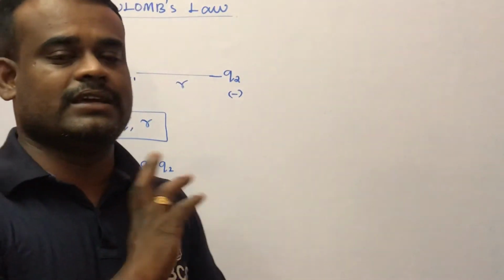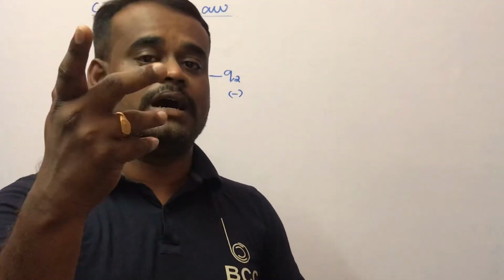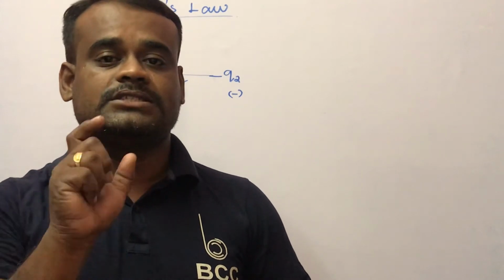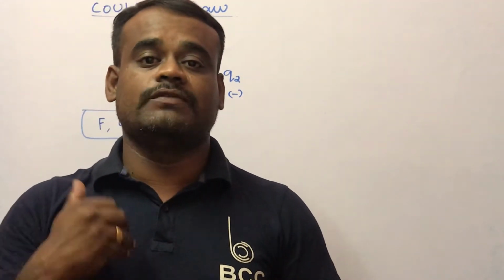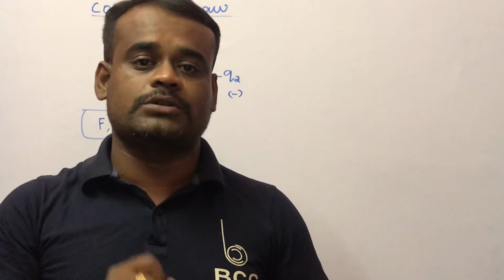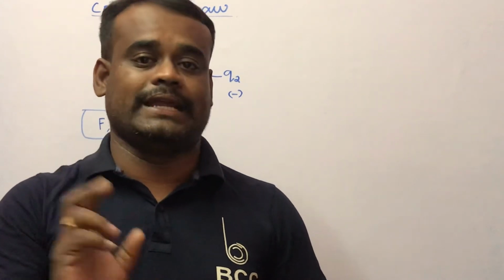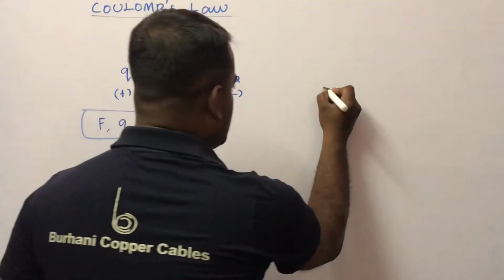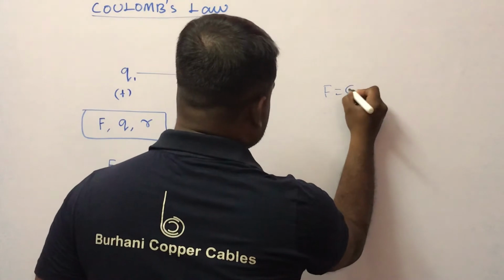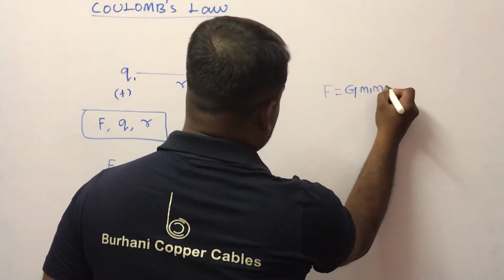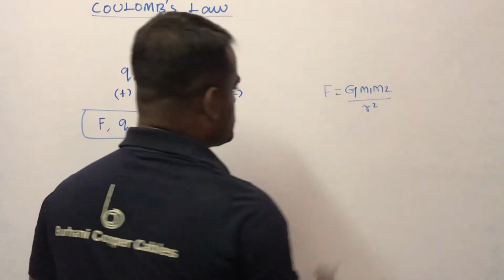The same is applied here. Instead of mass, here we apply charge. If the charge value is greater, the force value is also greater. We know the formula for gravitational force, F equals G m1 m2 divided by r squared.